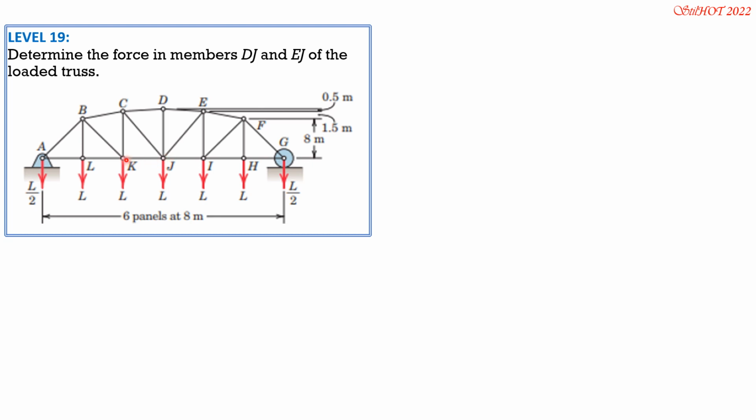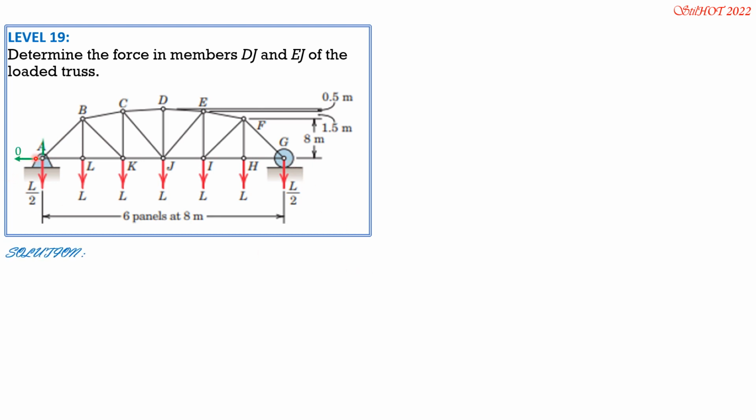In fact, JK is equal to GI, and so on. By symmetry of the loading, the total load is 1, 2, 3, 4, 5 plus 0.5 plus 0.5, so 6L. Therefore, there's no inclined load, and the vertical reactions at A and G are equal to 3L each.